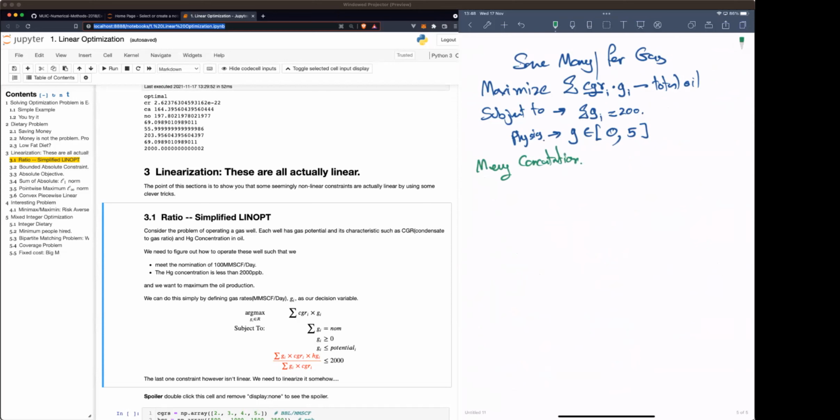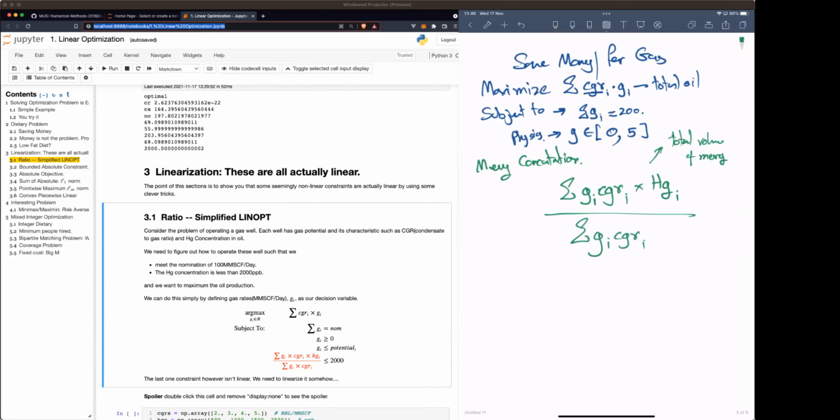Okay, to calculate mercury concentration, what you need to calculate is, it's a gas. So we need to calculate the amount of oil that we get multiplied by the mercury. So this is like total grams of mercury, right? Actually it's total volume of mercury. Divide by the volume of the oil.